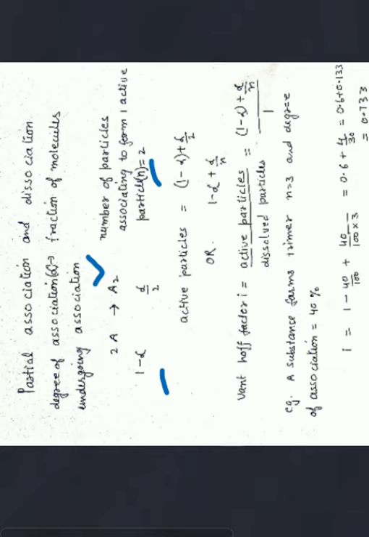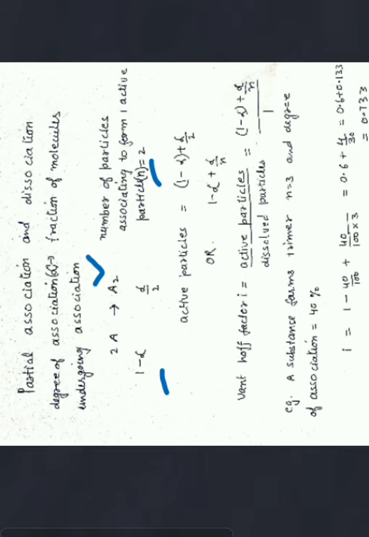If there were 3 particles combining together to form a trimer, the value of n would be 3. Now the total active particles will be whatever we have dissolved less what has undergone association plus how many are formed after association.